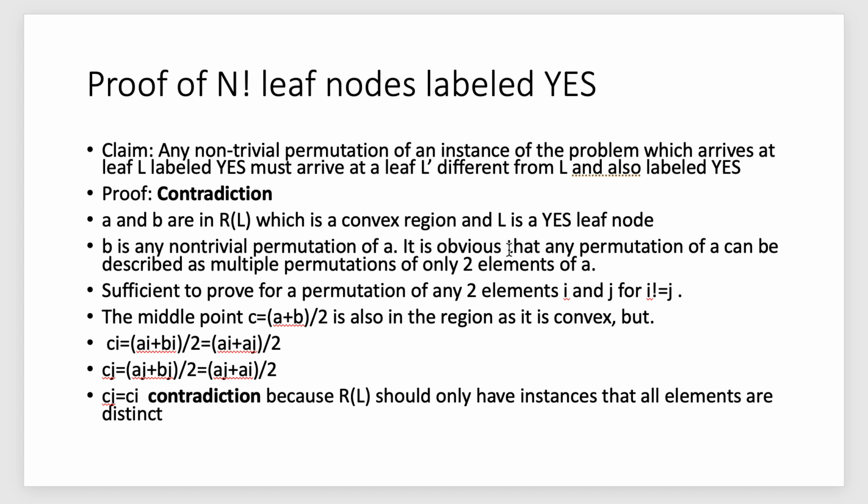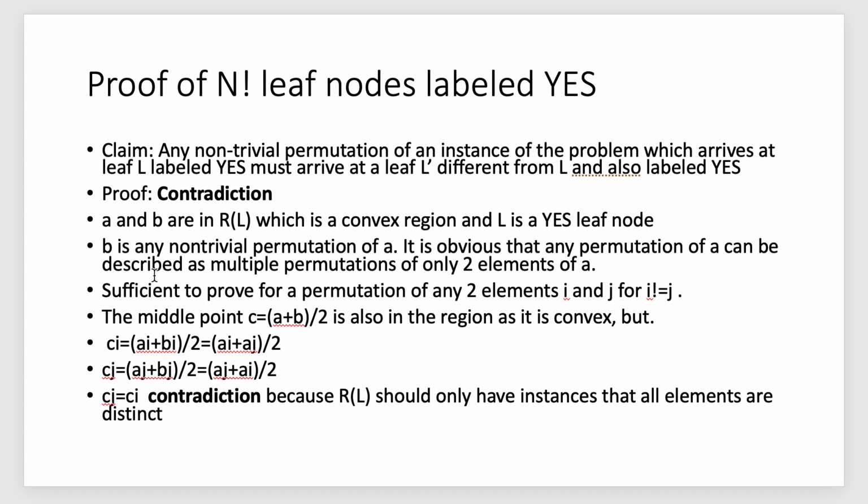So if I prove that any permutation of two elements leads to different leaf nodes, then I prove that any permutation will lead to a different leaf node.